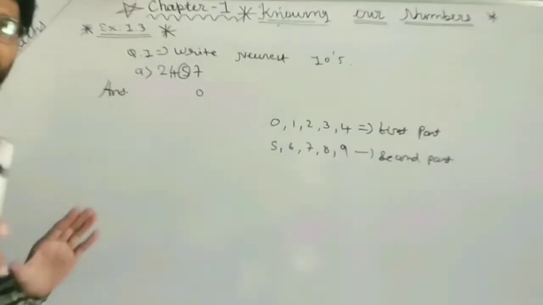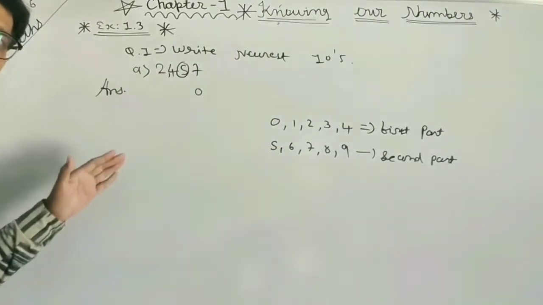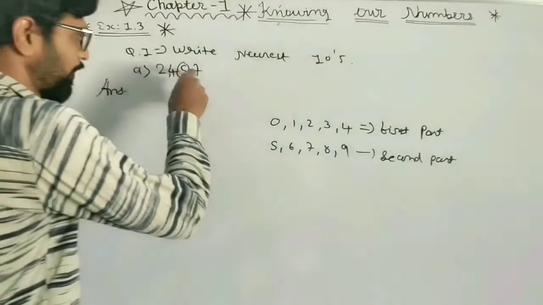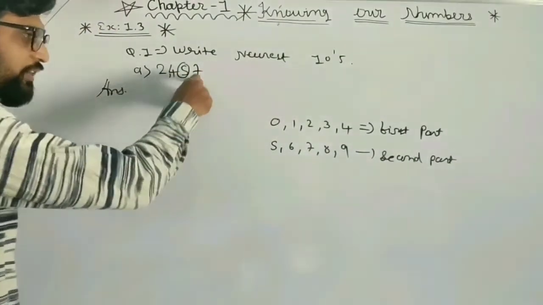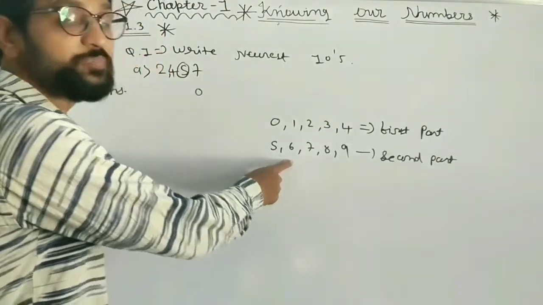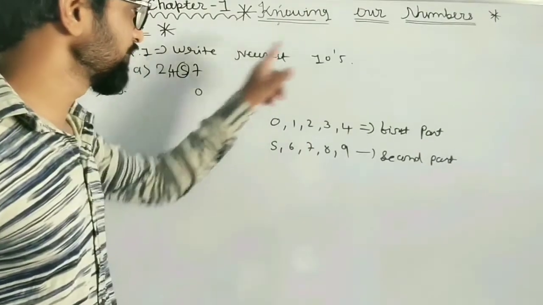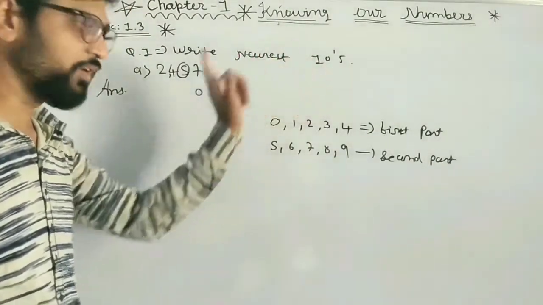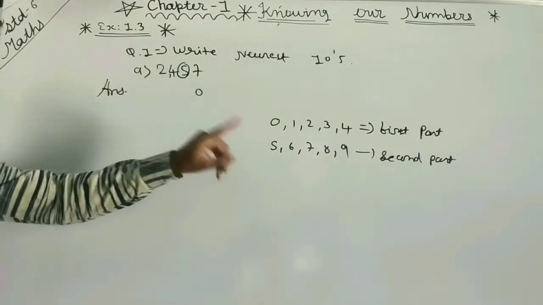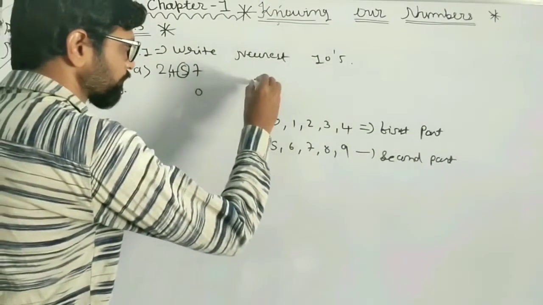So don't do anything to 5. But before doing anything, you have to see the very next number after the 5. What is the number after 5? 7. 7 is in which part? 7 is in the second part. If the very next number to the tens is in the second part, then we have to add 1, only 1, means add 1 to 5.